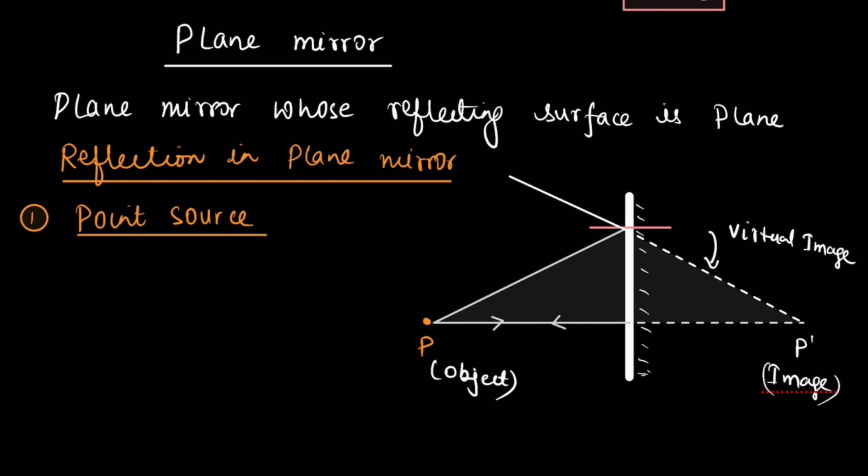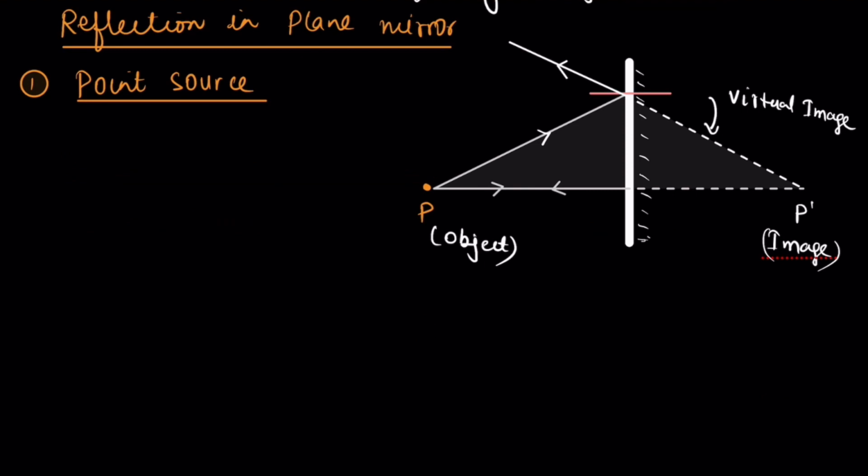And a real image is always on the complete line. Let's take one more example. This is the second example: extended source.